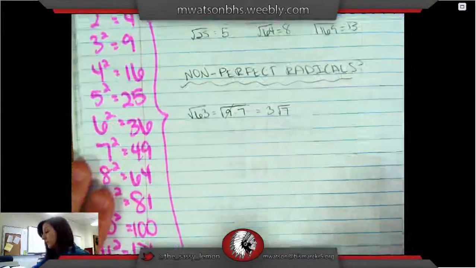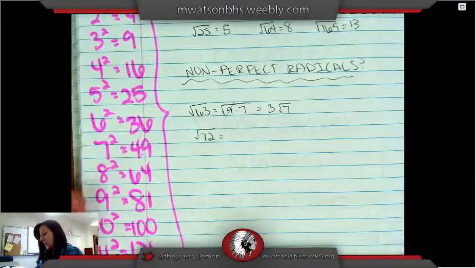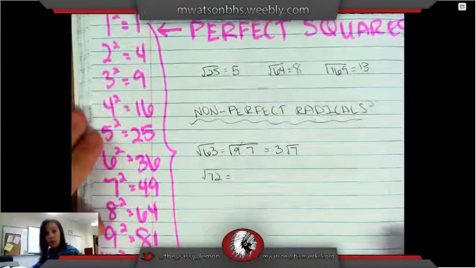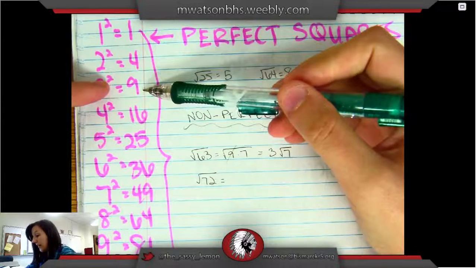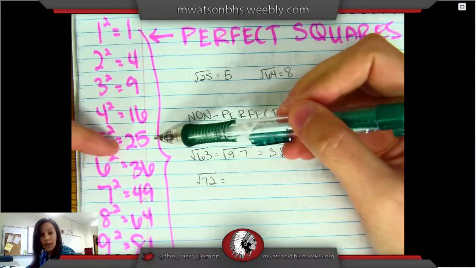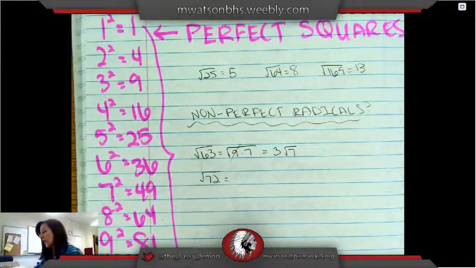Let's try another one. Say we have the square root of 72. So we need to go through and figure out the biggest perfect square that divides 72. So 4 divides it, 9 divides it, 16 doesn't, 25 doesn't, 36 does. I'm doing the work for you, but that's the way you think through it.